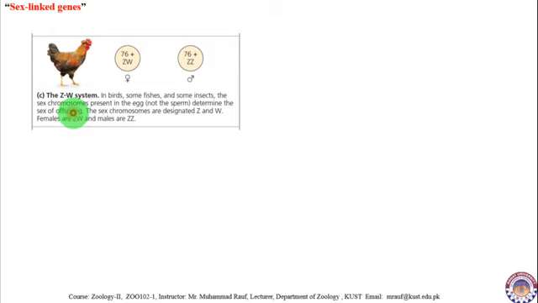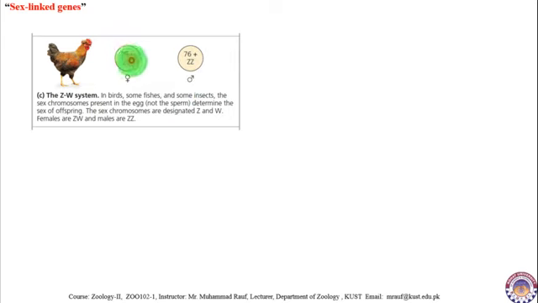In the XY system, it is the sperm which determines the sex of the zygote, because the sperms are of two types. Here the sperm is of only one type, so all the sperms will be Z carrying, but there will be two types of eggs.